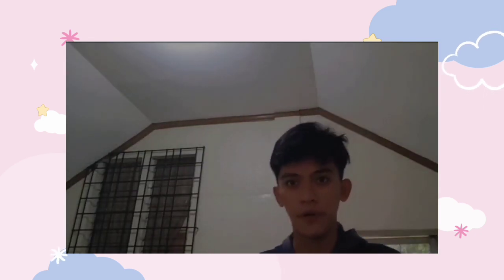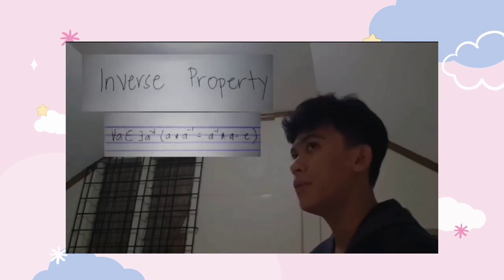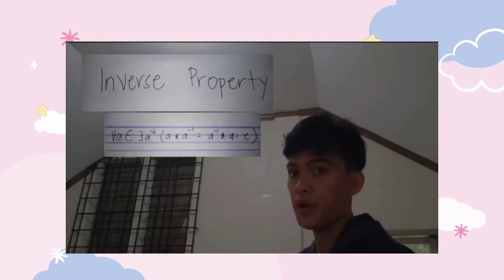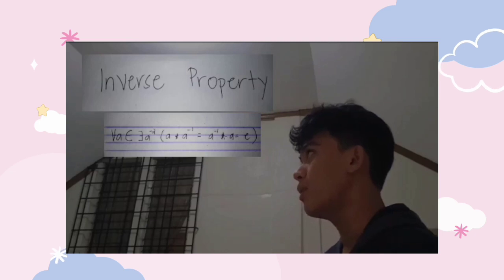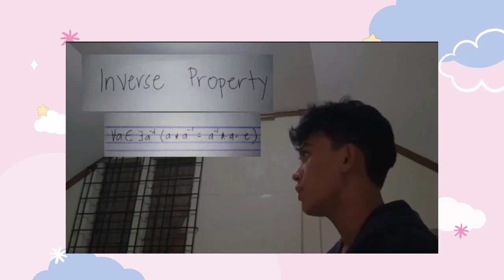That's right, Miss T. Now we are going to move on to our fourth axiom, which is the inverse property, which is denoted by this. There has to be an inverse for each element such that when an operation is applied between the two, the result will be our identity element. This is where it gets interesting.